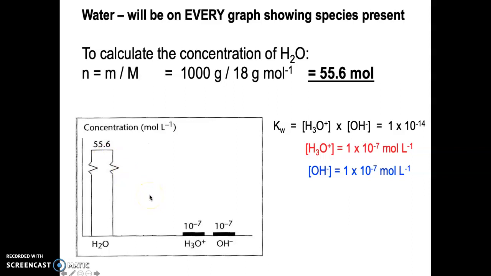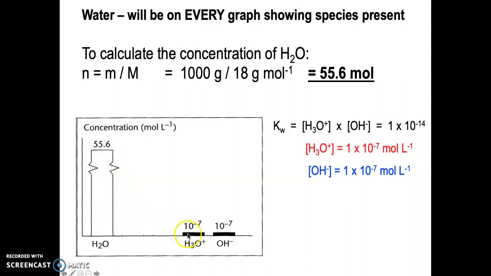The takeaway important point to note here is that yes, you've got hydroniums and hydroxides. They will always be present. You'll always get these 3 bars on your graph. So water will always be furthest to the left and the tallest and broken because it's such a high concentration.